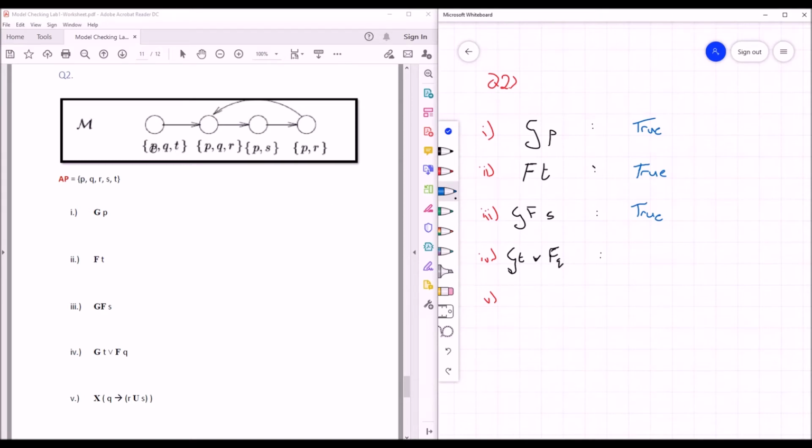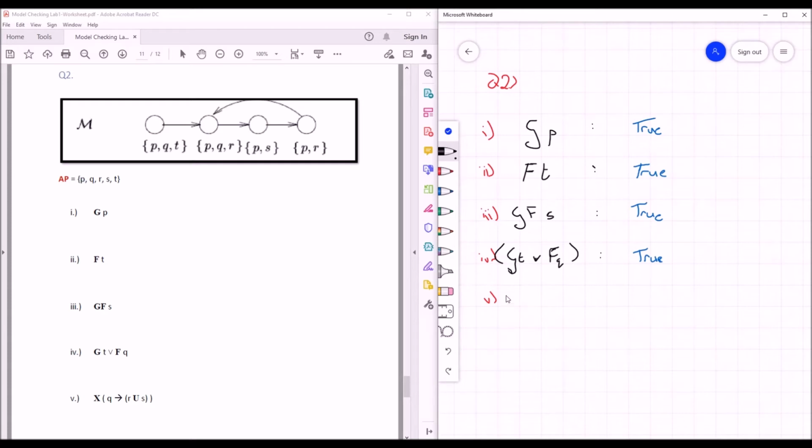So P is, but look, Q is true already in state 1. So this is going to be true, because as we know in or, if one of the propositions is true, so you can assume that there is a bracket around this. So if this is true, then the whole clause is true. So this is also true.